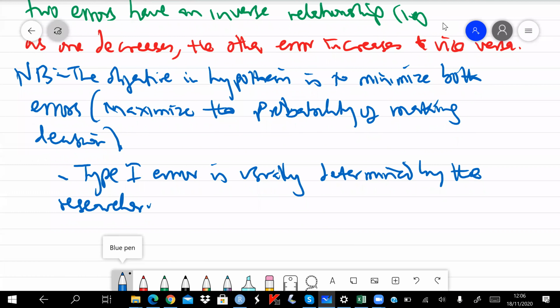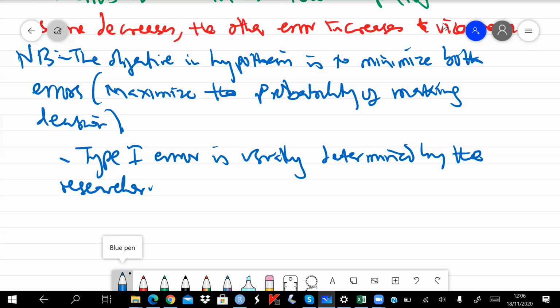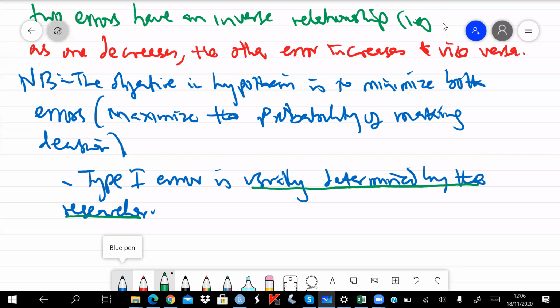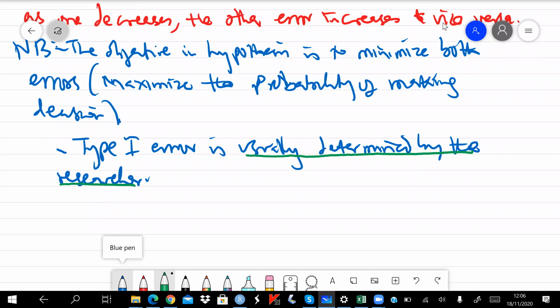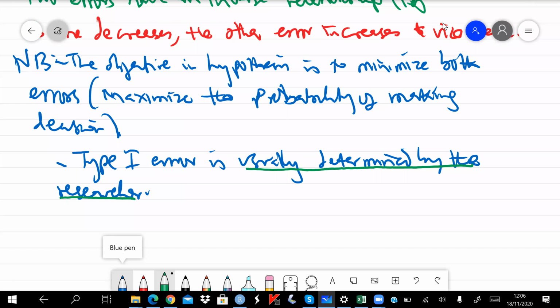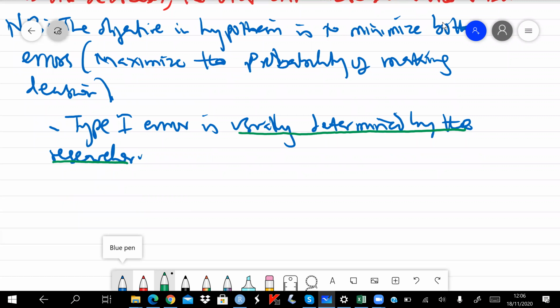We're saying that type 1 error is the more serious of the two errors, but the good news is that it is under the control of the researcher. But the problem is that the researcher may want to make type 1 error as small as possible because it's the more serious of the two errors. But as you make type 1 error very small, then type 2 error will be growing.